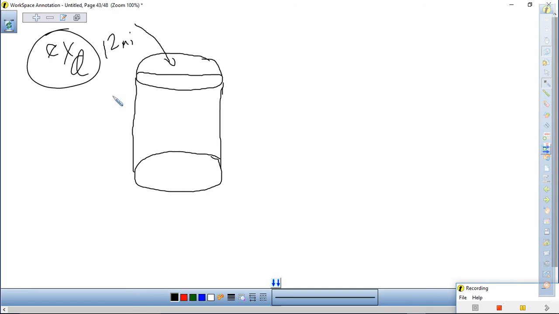I think they made a mistake. Millimeters. The height, 13, no, let's make it 10 and a half millimeters. All right. So first things first, we write our formula. What is our formula? Volume equals big B times the height.